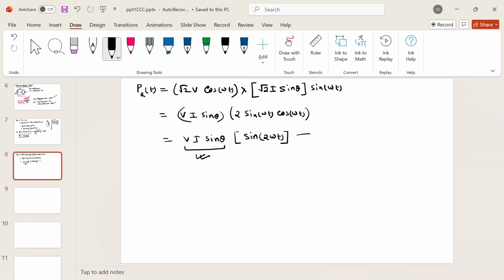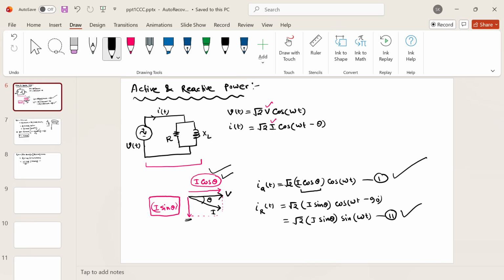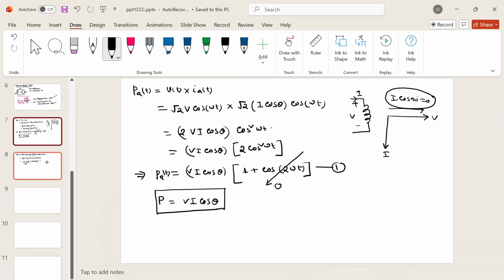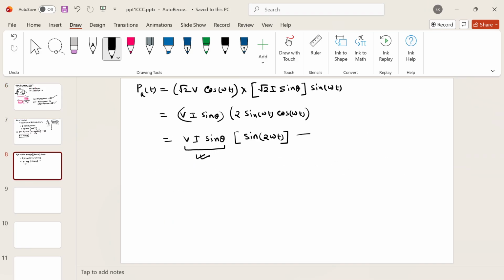Okay, so now it is proven that the component of current which is 90 degrees from the voltage will give the reactive power, and the component of current which is in phase with the voltage will give the active power. So this is the main concept behind active and reactive power generation.